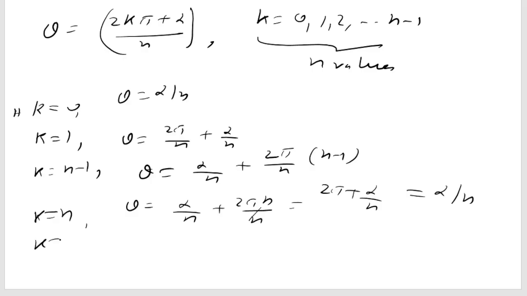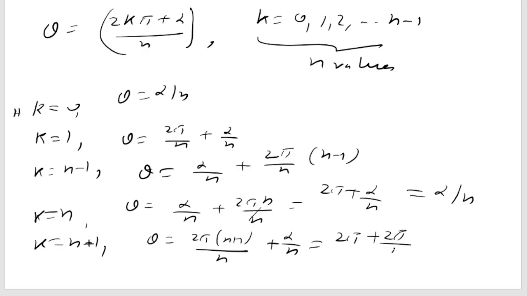Similarly, if we take k equal to n plus 1, theta is equal to 2 pi (n plus 1) by n plus alpha by n, that is nothing but 2 pi plus 2 pi by n plus alpha by n.